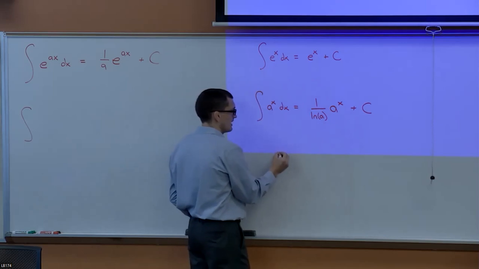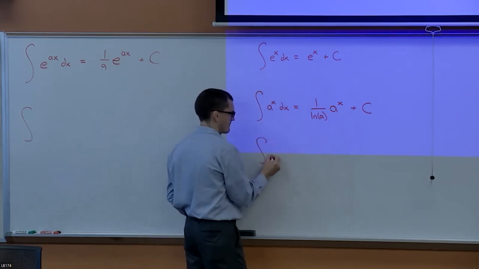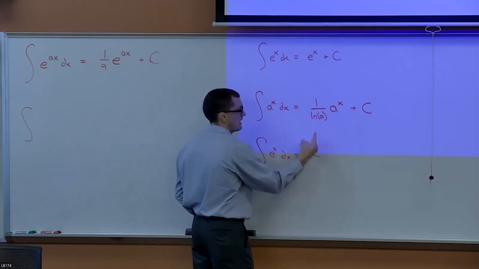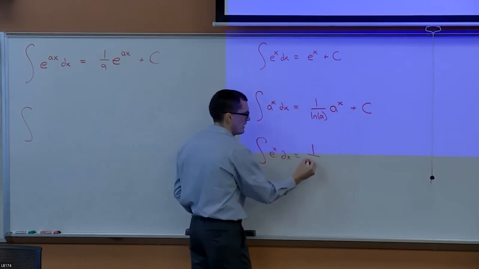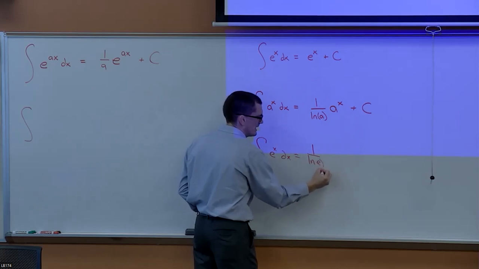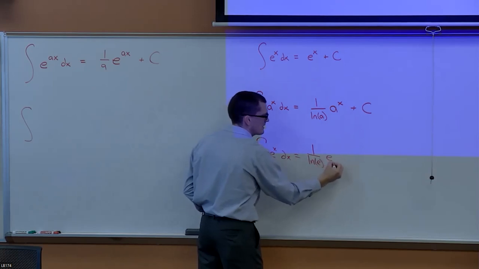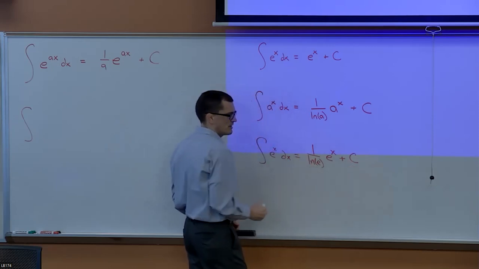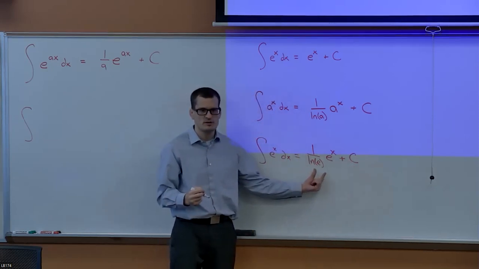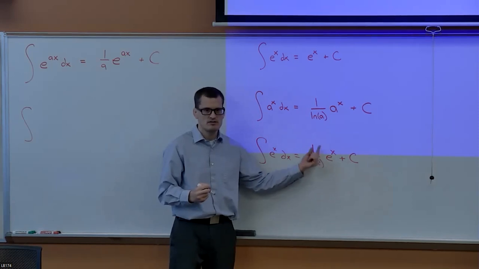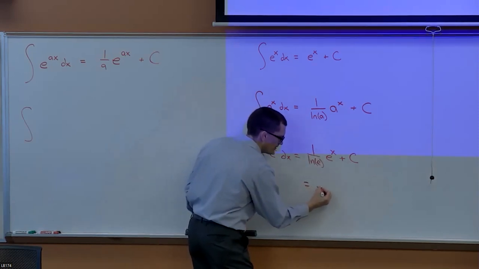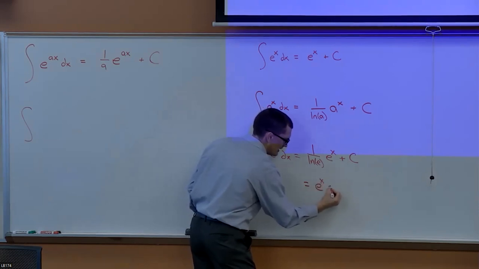Because if you take e and I apply this rule to it, I get natural log of e times e to the x plus c, but 1 over natural log of e. Natural log of e is just the number 1. So that's 1 over 1, which is 1. And you get 1 times e to the x plus c.